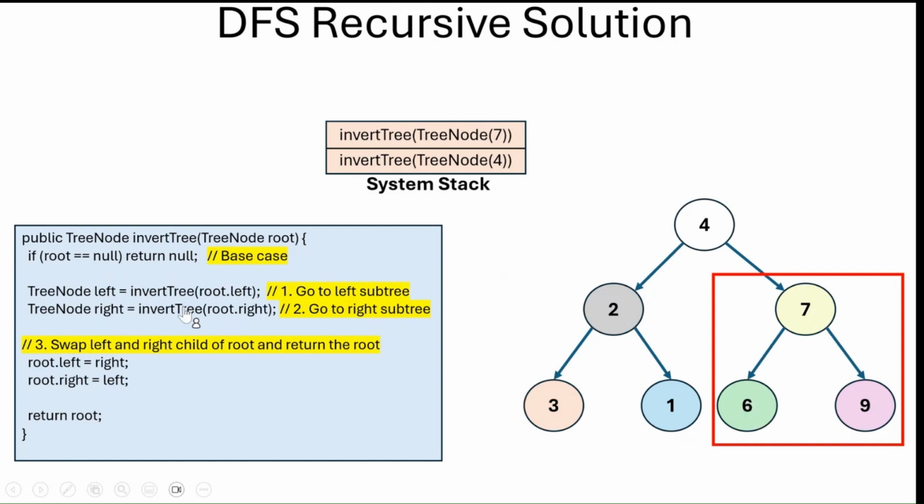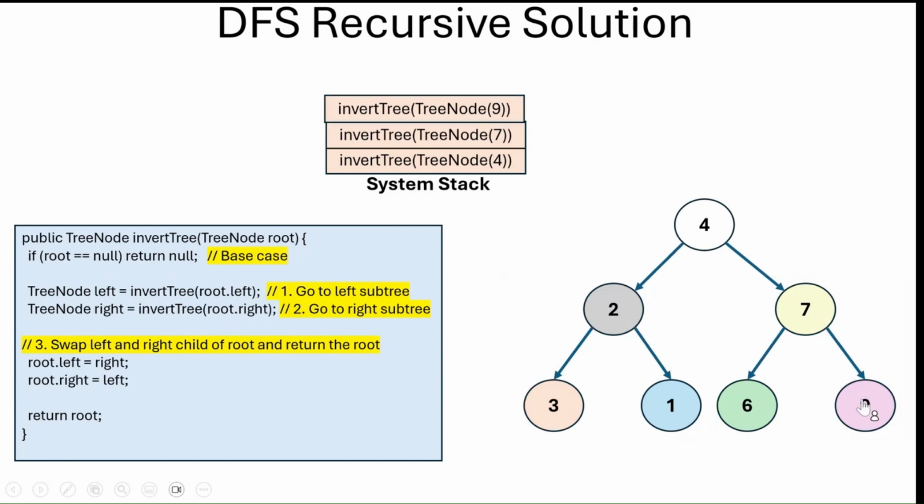Now we'll go to the right side of node 7, which is node 9. So invert tree will be called with node 9 as the root. Now invert tree is getting executed for this subtree context where 9 is the root. For 9, it will call root dot left, which is null. It will return and store the null in the left variable.